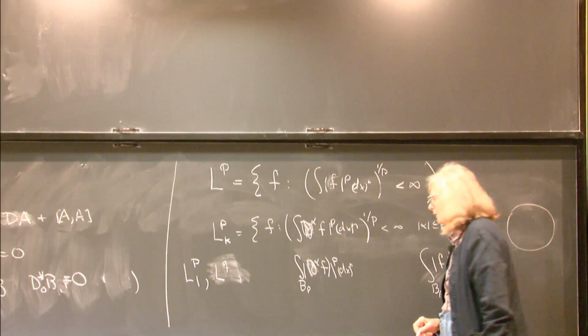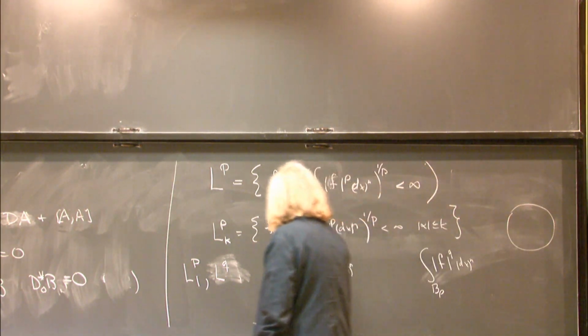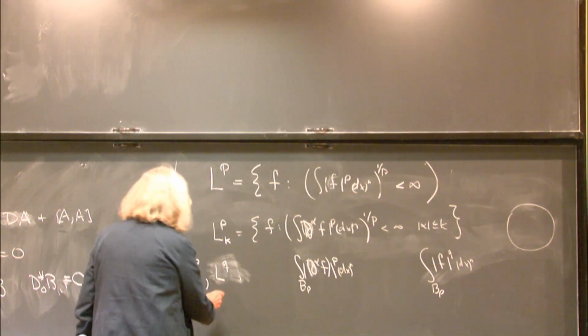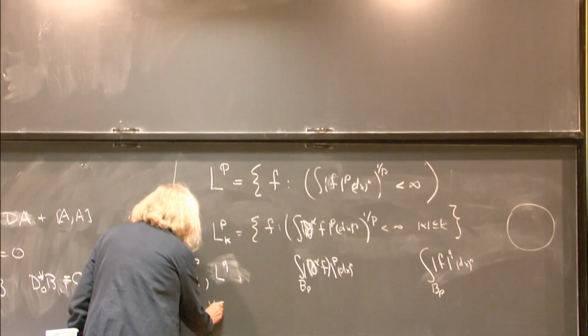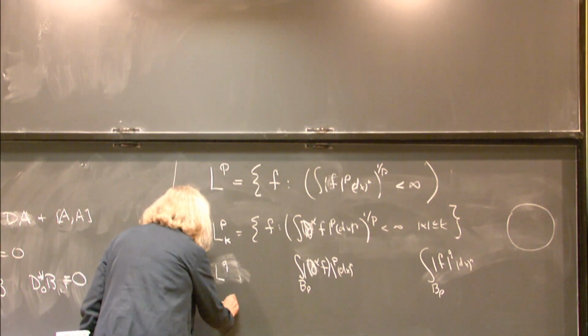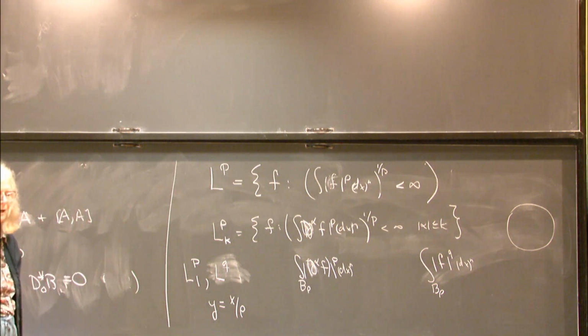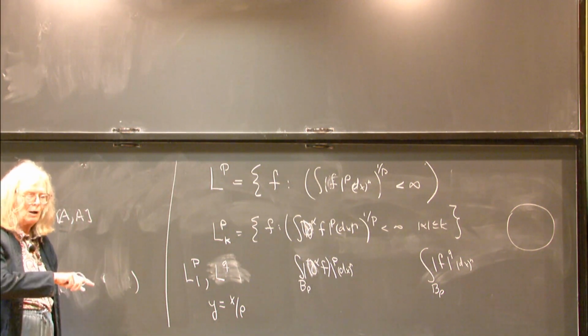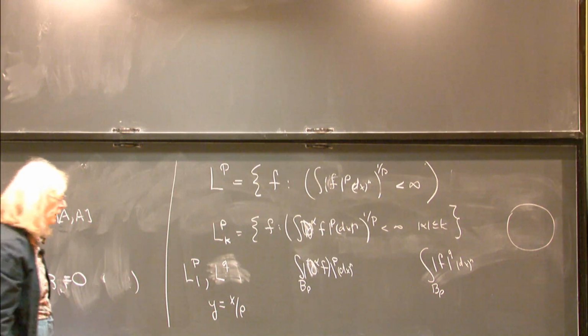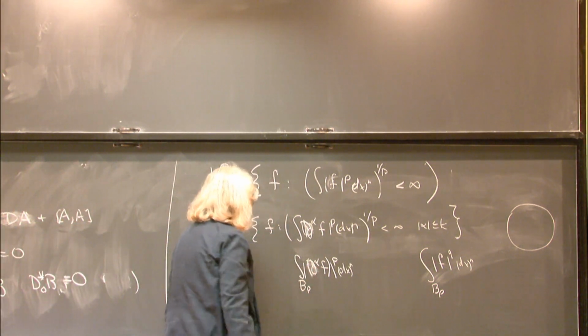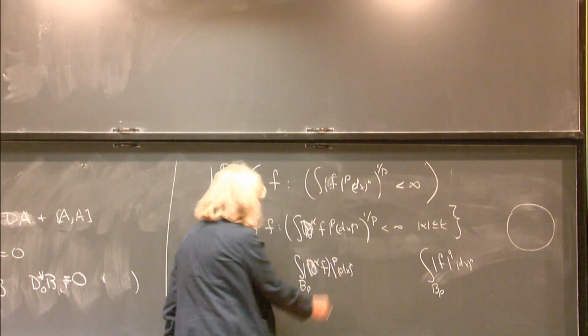Now, if we transfer these to estimates on the ball, you want to know how to do this. Well, y is equal to x over rho, and then we take the ball of radius rho to the ball of radius 1. And remember this derivative acts the opposite of the differential.